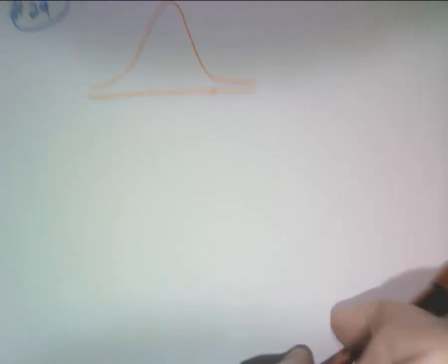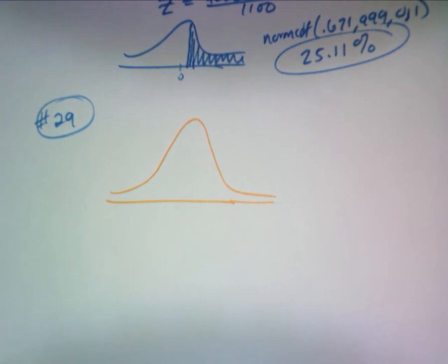For how many months should the guarantee be made if the manufacturer does not want to exchange more than 10% of the watches? Where would I shade? To the left, right? Why to the left?